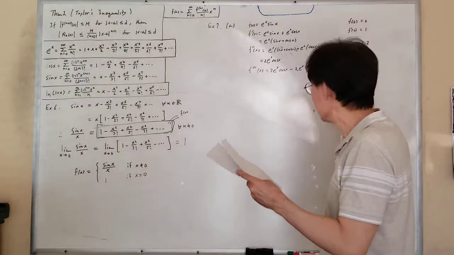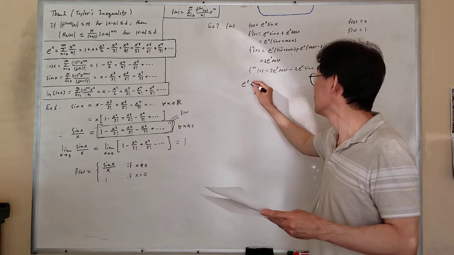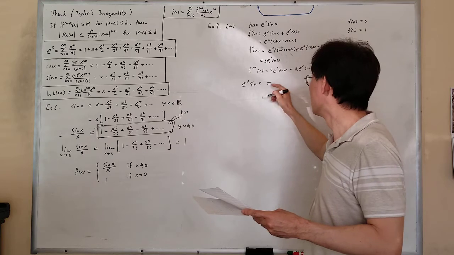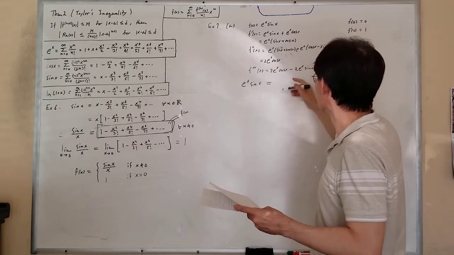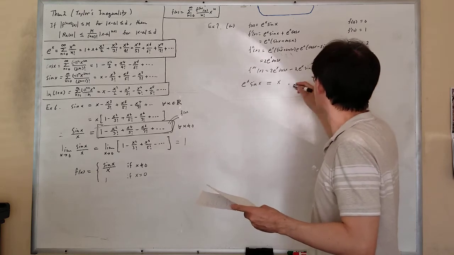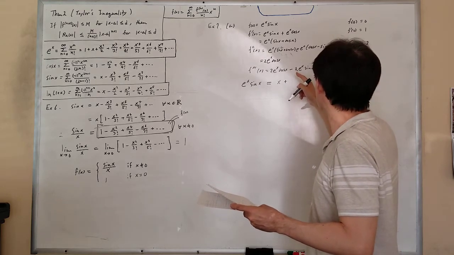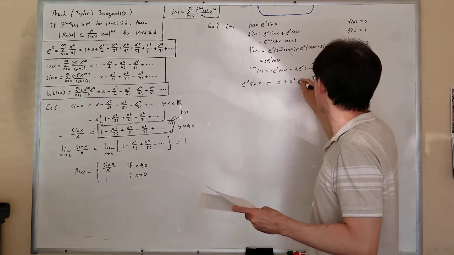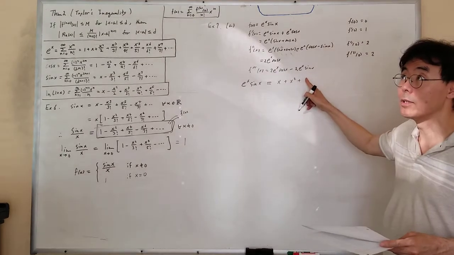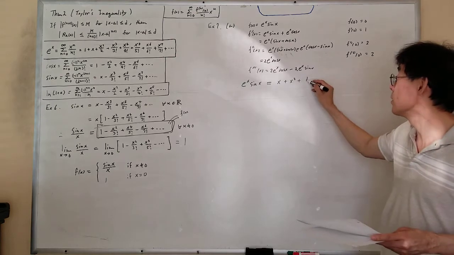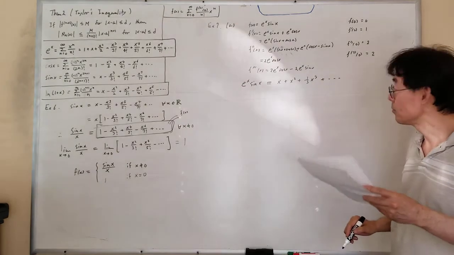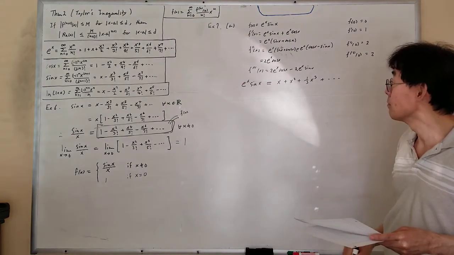But anyway, e to the x sine of x is f of 0 equals 0, and then 1x, and then plus 2 over 2 factorial x squared, and then 2 over 3 factorial, so 2 over 6, 1/3 x to the third, and keep going. Alright? So you can get this one.